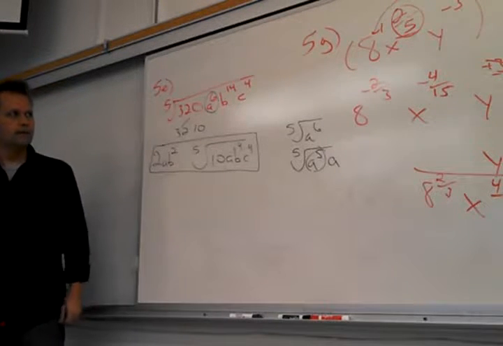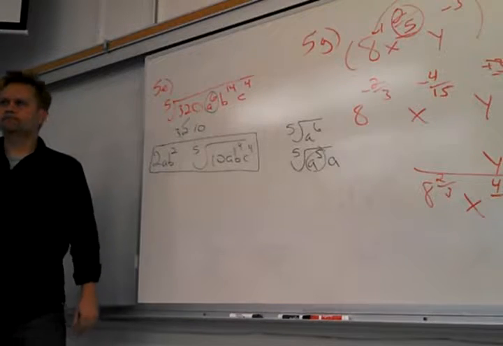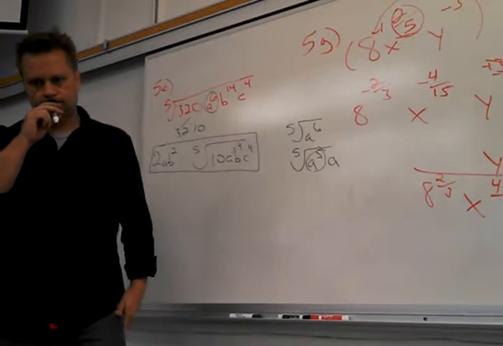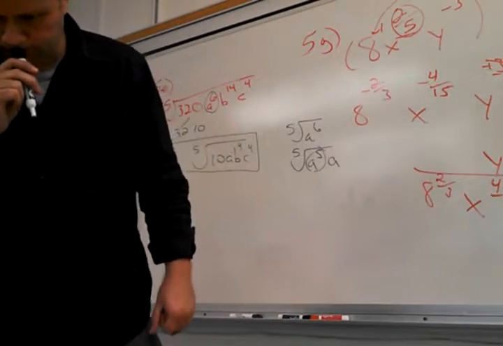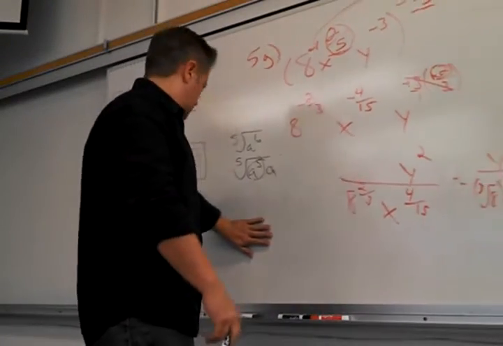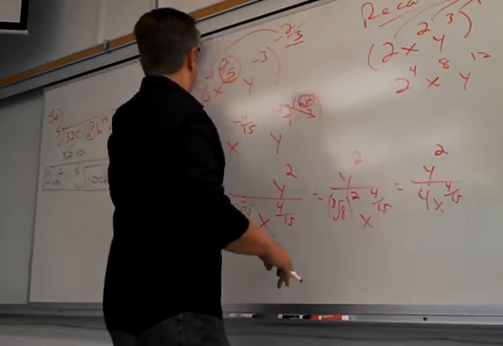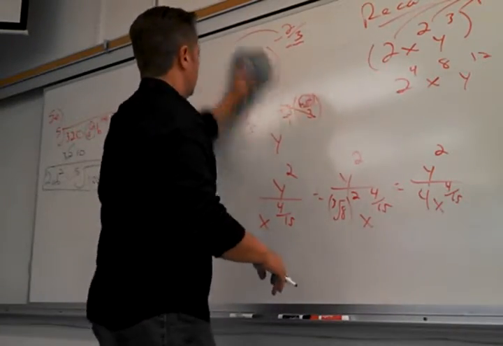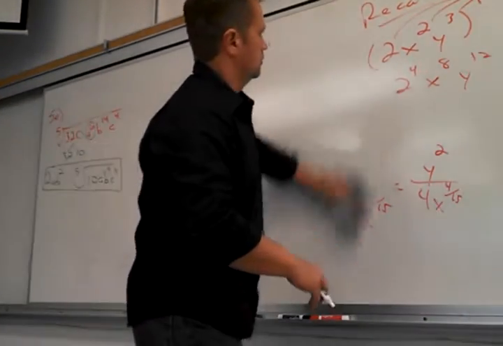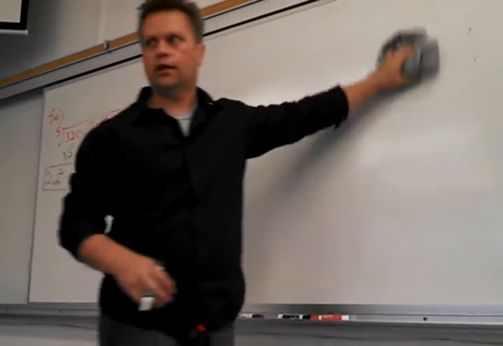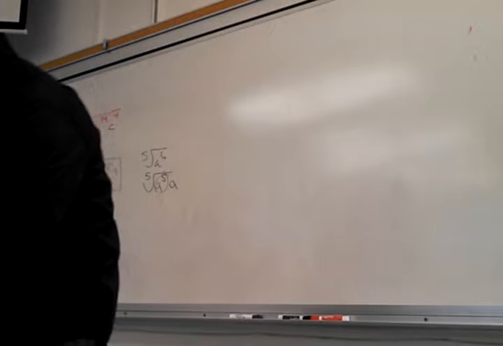All right. Yes, sir. 5i. Oh yeah, it looks gross. What do you do with the powers when you divide like bases? Subtract. Cool. And that property can never change, right?